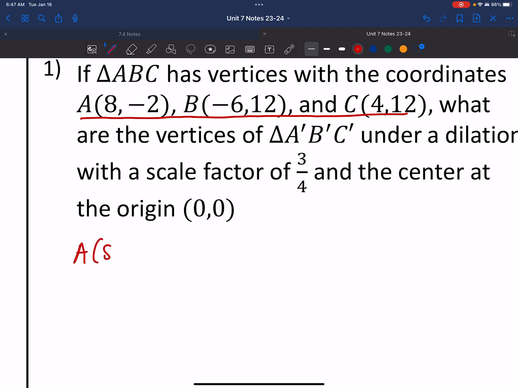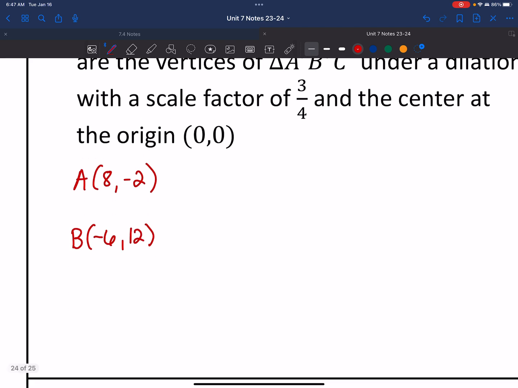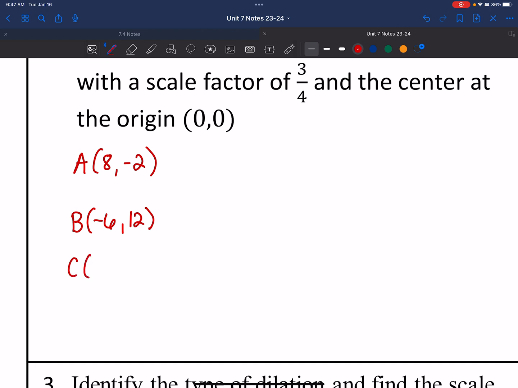A was at 8, -2. B was at -6, 12. And C was at 4, 12. And when I multiply them by a scale factor of 3/4, I'll get my A prime, B prime, C prime.